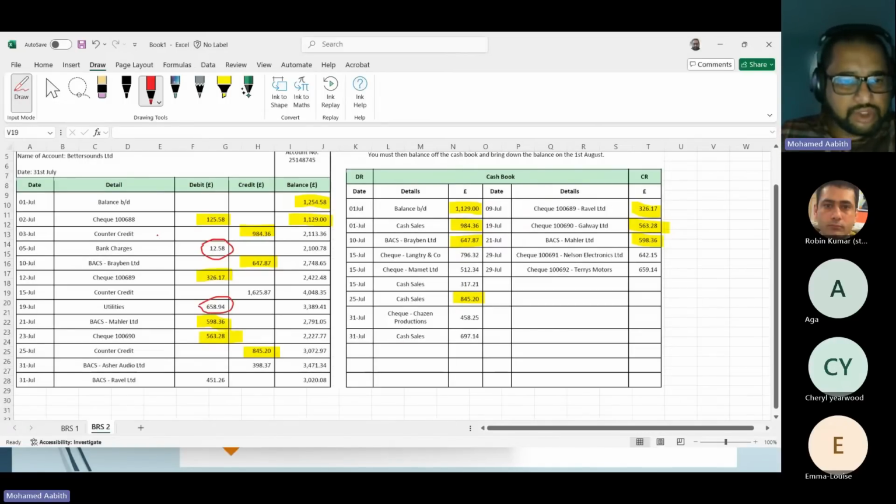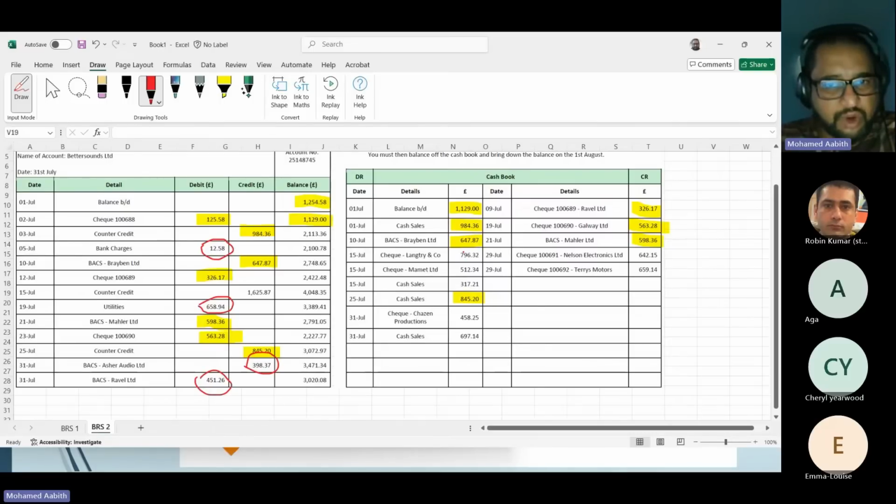Yeah. And also you can see this backs of 451 pounds and 16 pence because it comes through online. We may not see that as well. Okay. So those numbers are not here. And also that one, 398 pounds 37 is also not in my cash book.